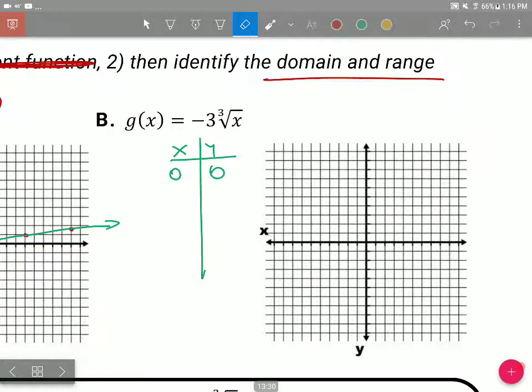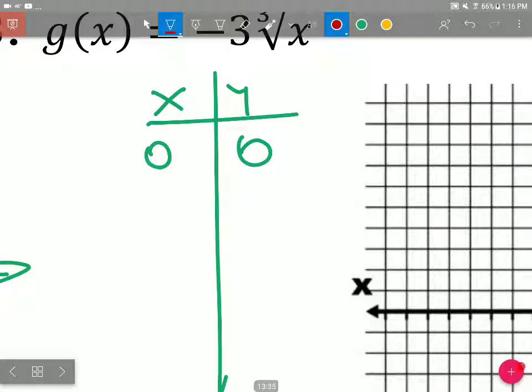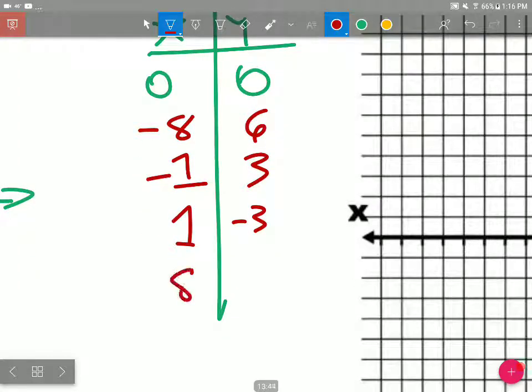So here we go. Do you put the negatives too? Yep, I would put them all up there because the graph goes to the left. So we got -8 and 6. We got 1 and -3, and 8 and -6. Those are our points.